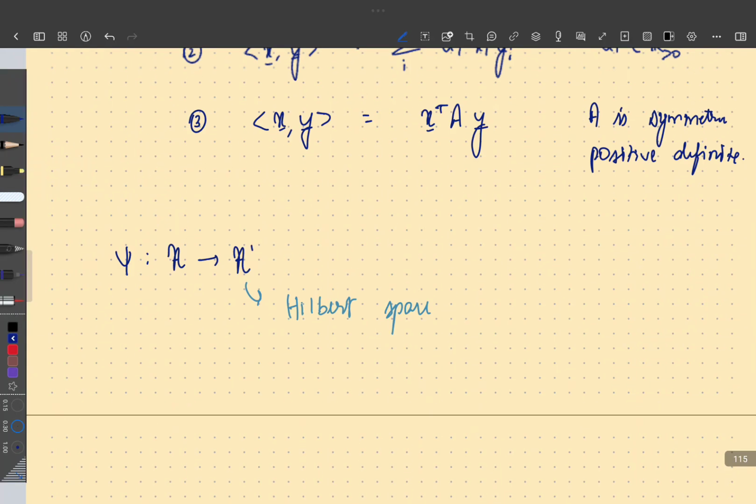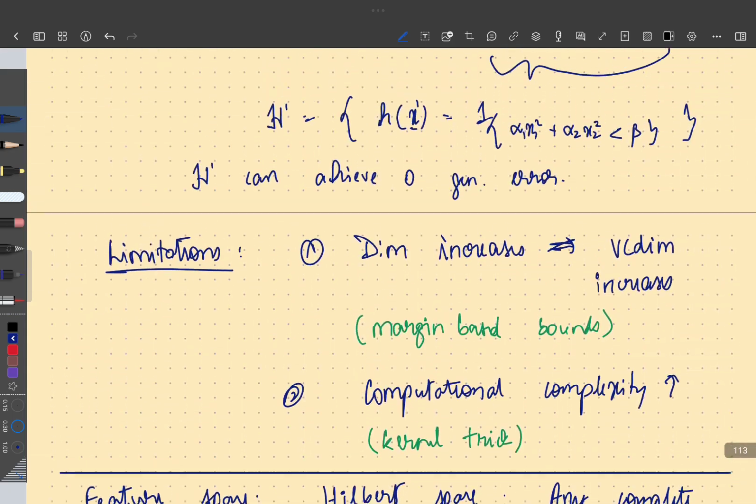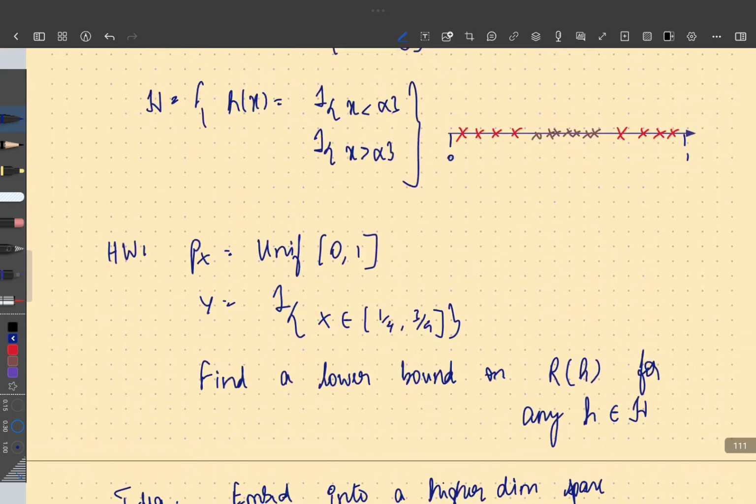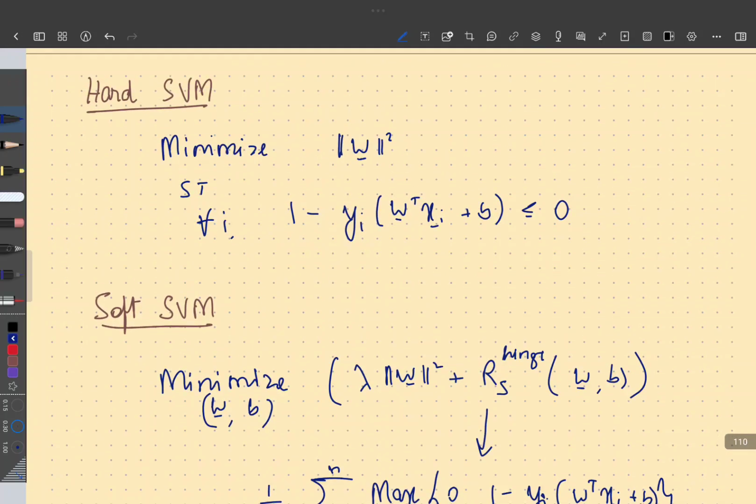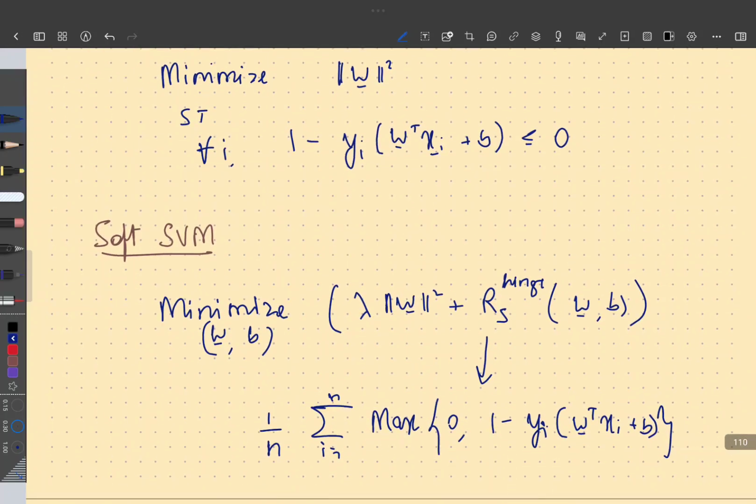Because if you think about it, the high level intuition is that if you look at the objective function as well as some aspects of the algorithms that were used in the hard SVM and soft SVM classifiers, everything just depends on inner products between points. Right?